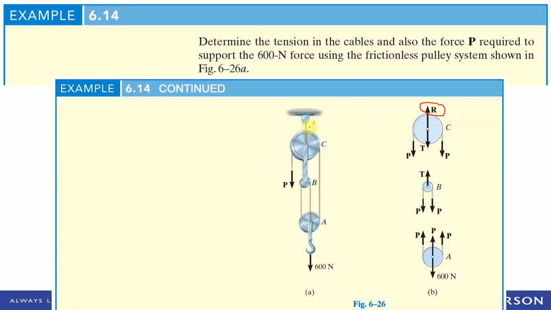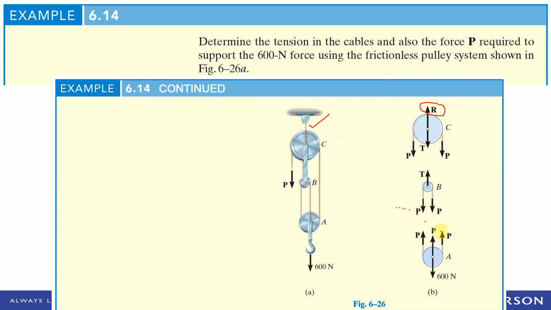Here is the total force. It's a different cable, so we can do that. And there will be something pulling on the center of the pulley right here, and the two P forces. Equal and opposite. Here's the two-force member. Equal and opposite, that's T. And two forces acting down.